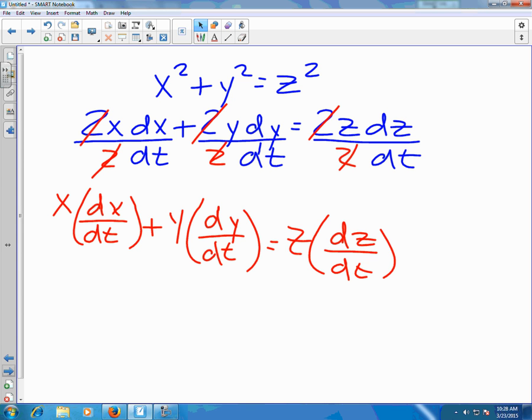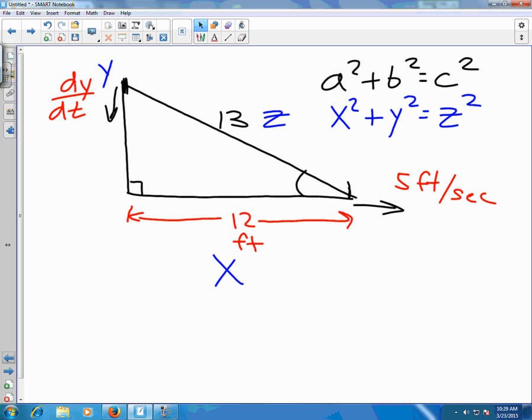Well, what do we know here? When we're talking about x, we're talking about the bottom of the triangle. So we know that x, the distance, is 12 feet, and dx over dt, the rate of change, is 5 feet per second.